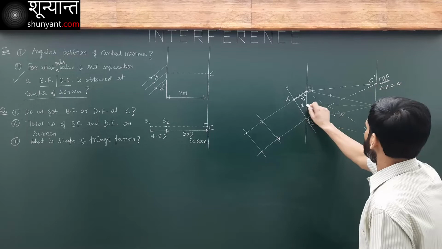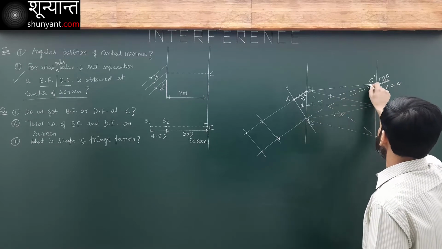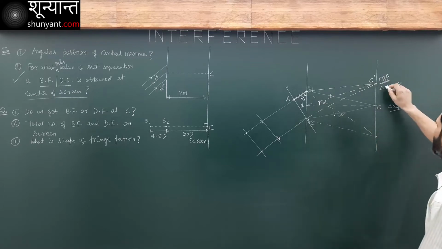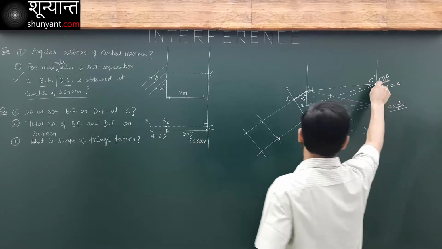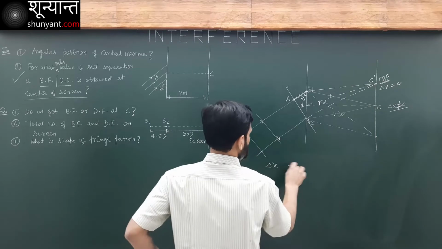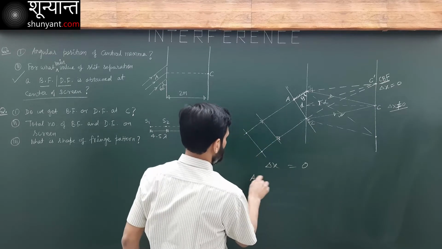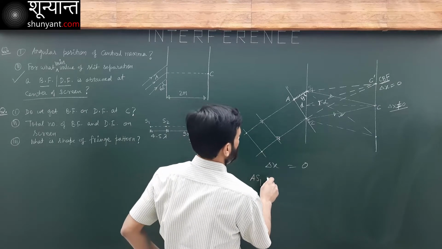Now let's say this angle here is alpha. What will be the path difference? Delta x should be 0. Now what is delta x? Delta x is AS1.